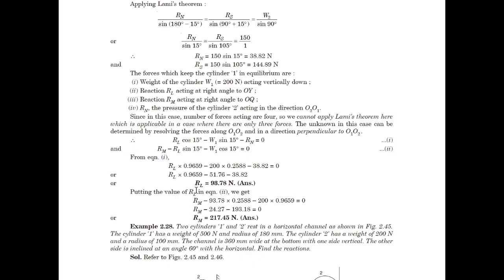We will have to resolve the forces along the horizontal direction and in the vertical direction, and because the system is in equilibrium, we can equate these components to 0 and find the values of the forces, that means RL and RM, which is given over here. So this is all about this problem. Okay, thank you.